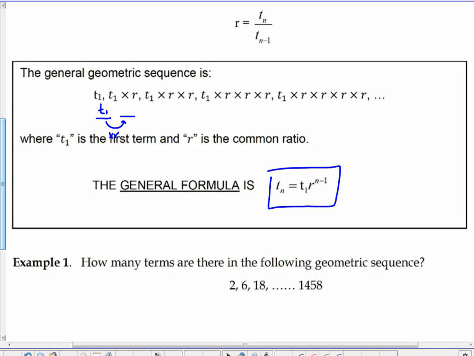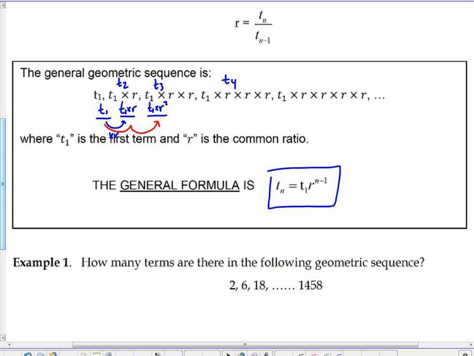This is term 1, this is term 2, this is term 3, term 4. That's why we get t1 times r. To get to your third term, we start with our first term, and we multiply it by r how many times? Twice. So t1 times r squared.